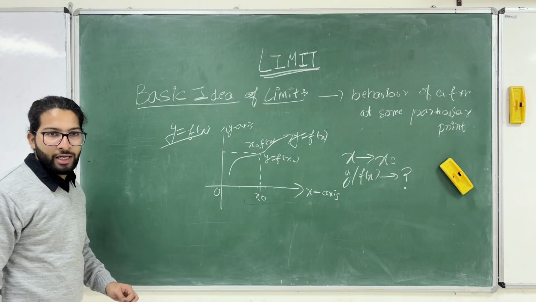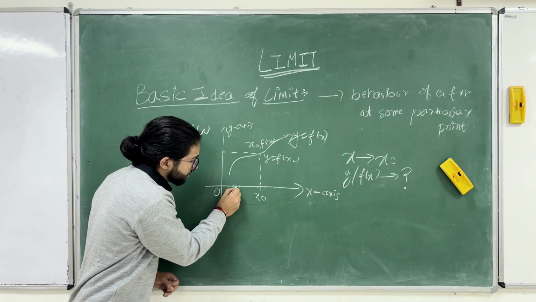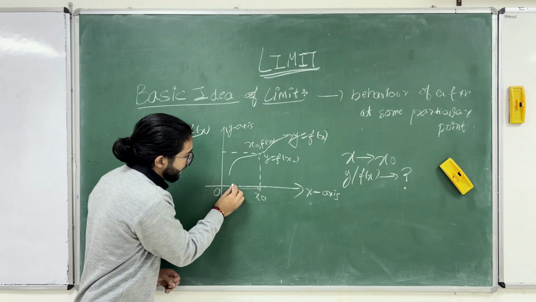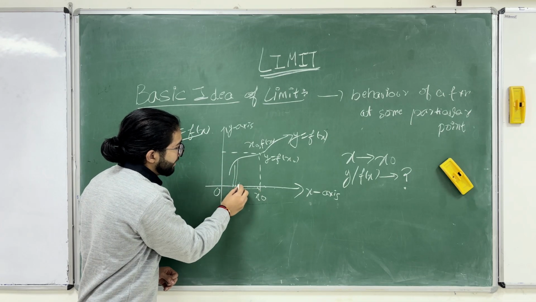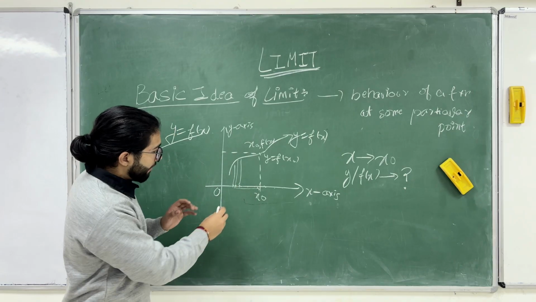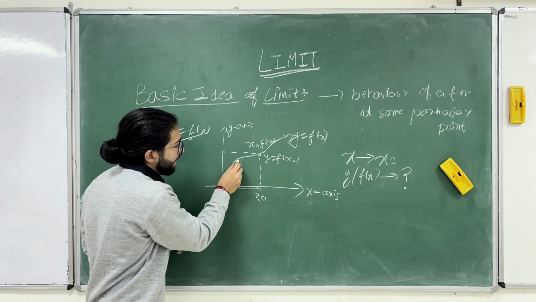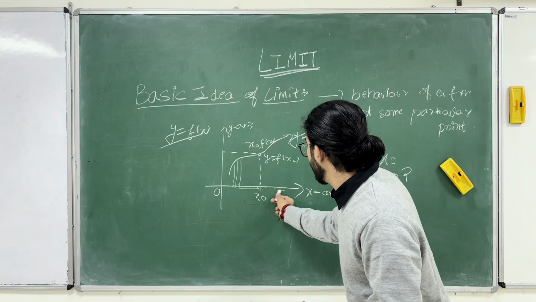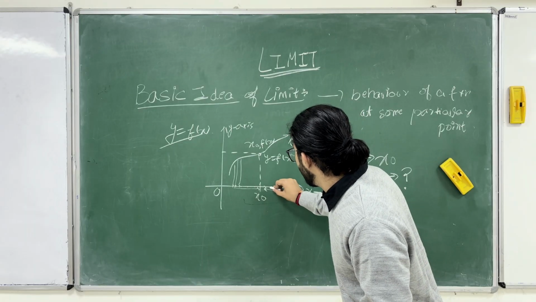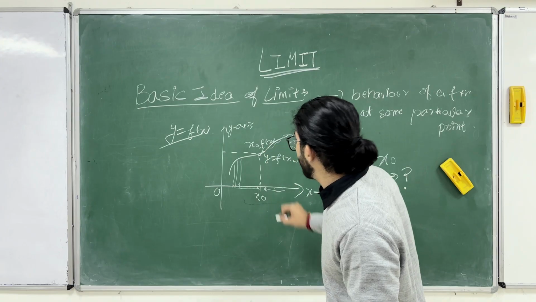Now at this point, if we look, suppose our x is here. If x is going towards x naught, then our y is going towards that point. Similarly, if we look from the right side, if x is going towards x naught, then our y is equal to f(x) is going towards that point.